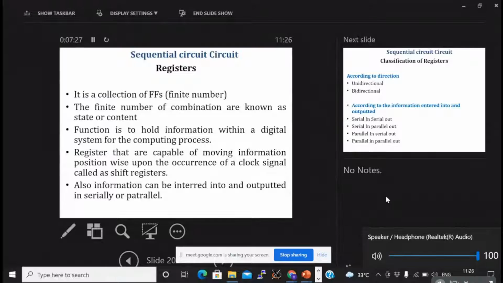Next is parallel in, parallel out. In only one cycle, we can input the information and get the information. Immediately we will get the output at its output terminal. So we have four types according to the way we give the information and take the information, four categories.